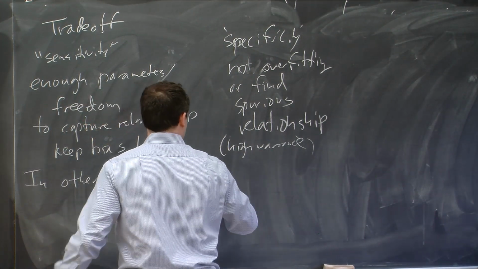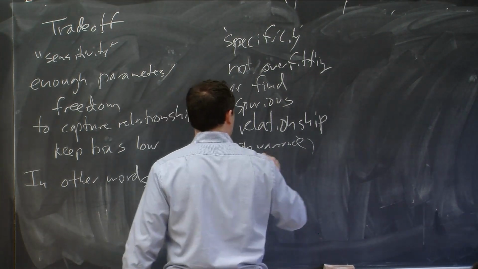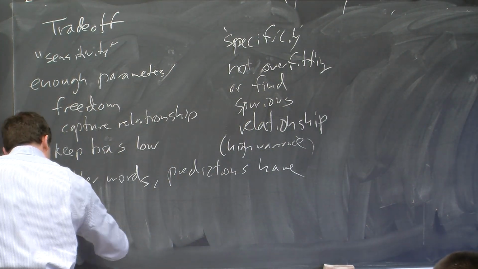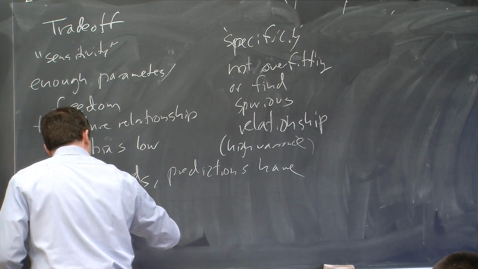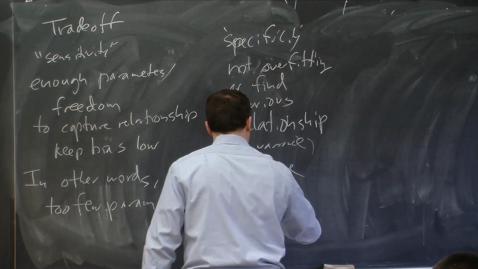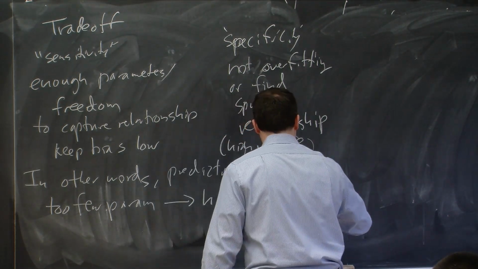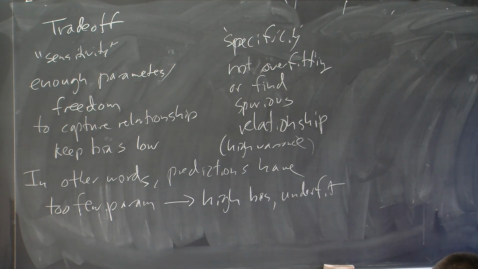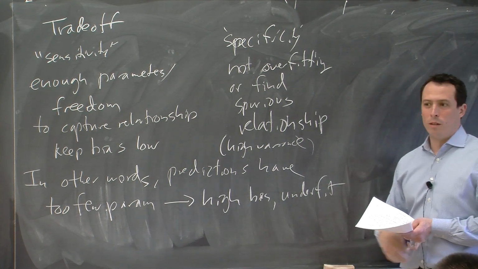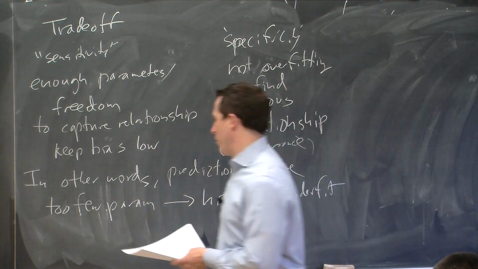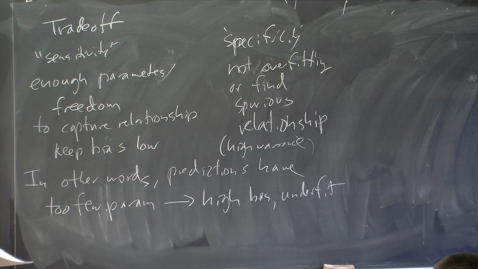So predictions that I could make, if they have too few parameters, I get high bias or underfit. Right? I get a model that has more to do with my assumptions about which parameters were zero than it does about the data. Right? It's pulled toward a very narrow view of the world, very biased view.